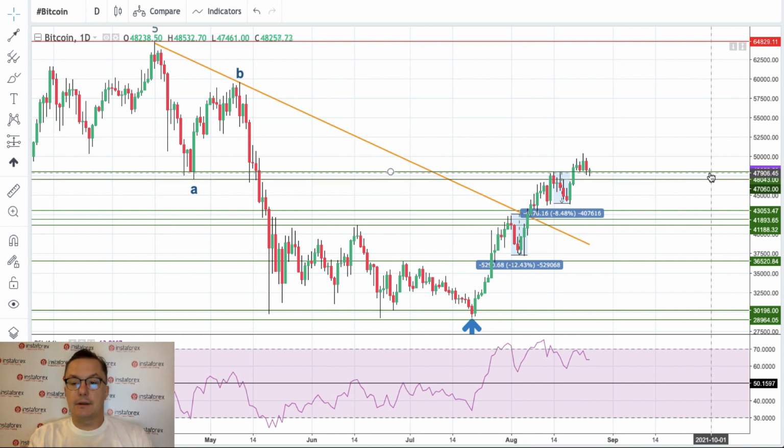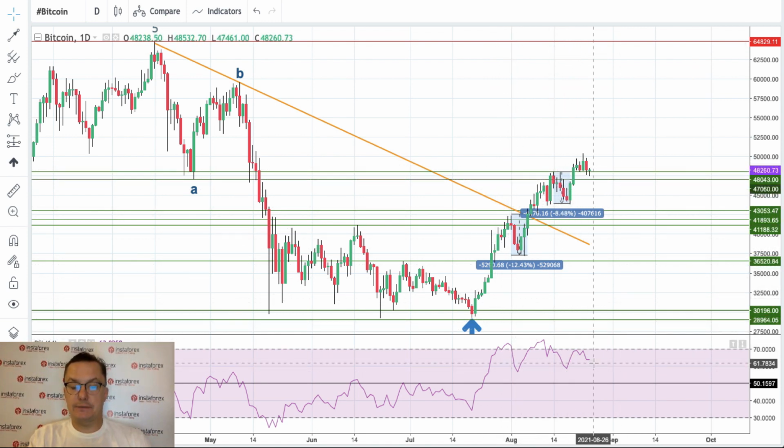The $48,057 is the first technical support. $47,073 is the second support. So plenty of supports for this market, but as you can see, we are still diverging from the momentum.